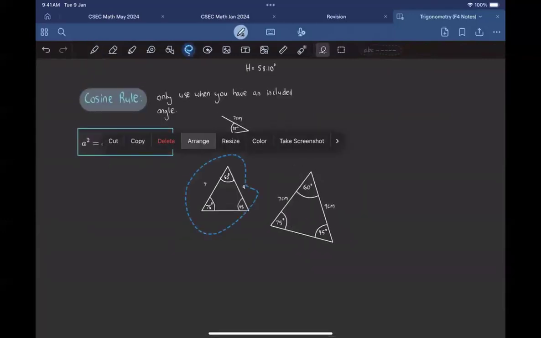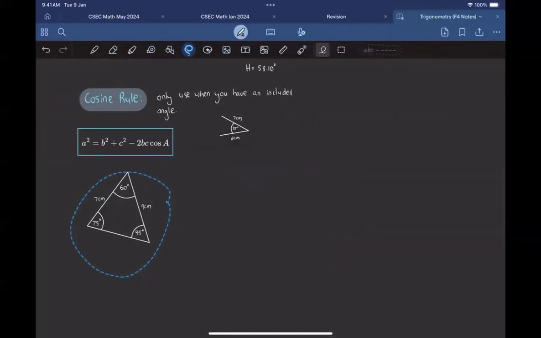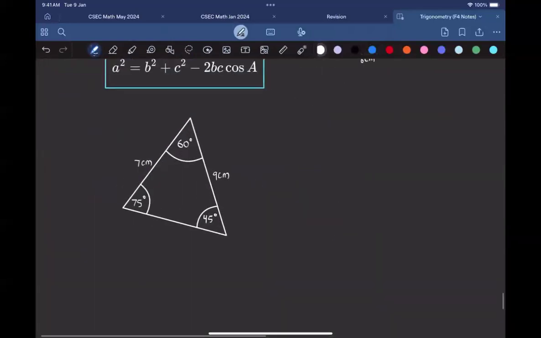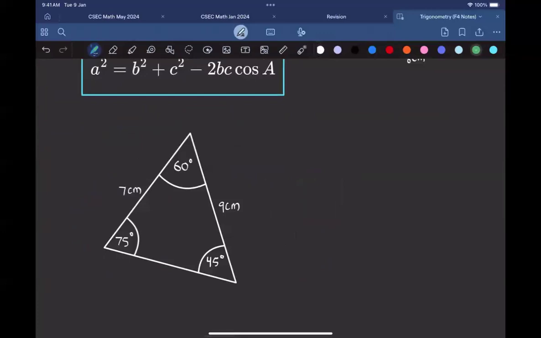Amy, what is the only missing information in this question? The length of side B. Correct. Let me label this: this would be small b, this would be small a, this would be small c. So we are missing b.